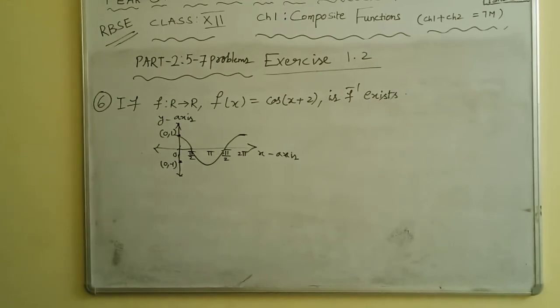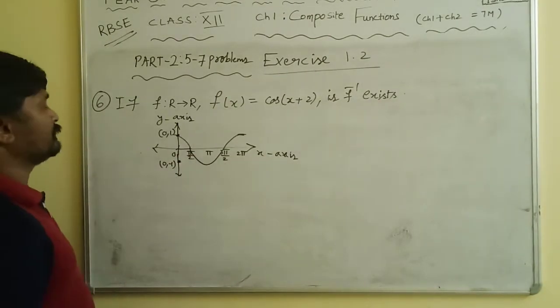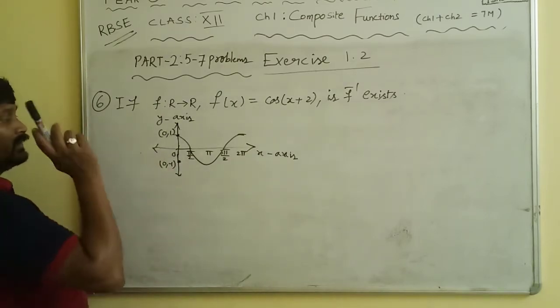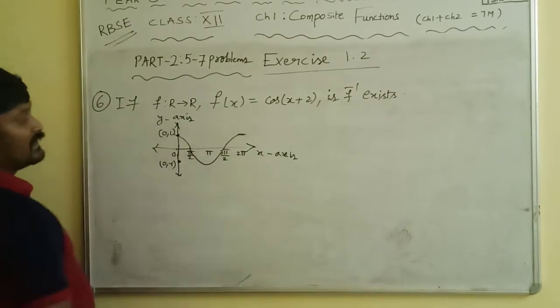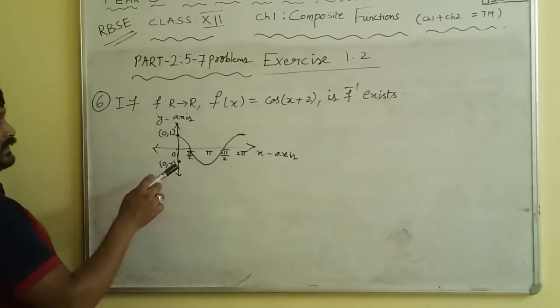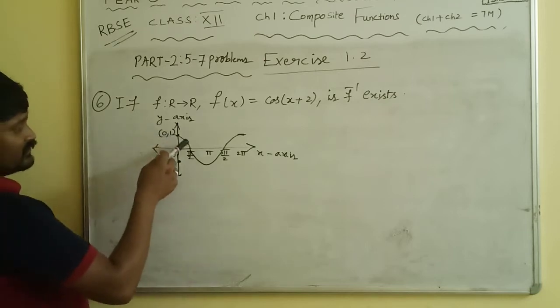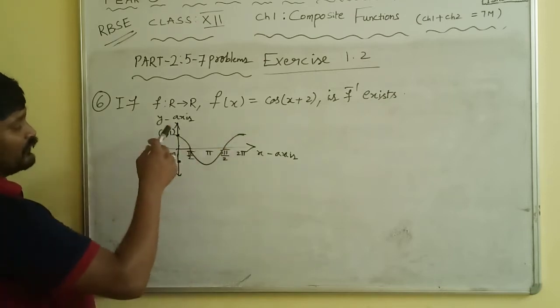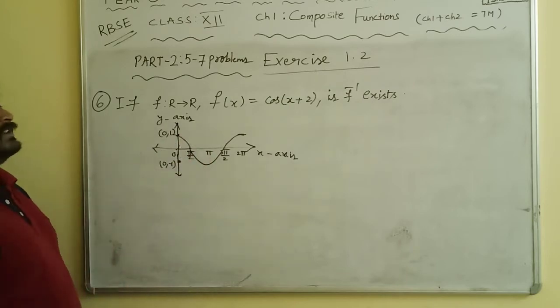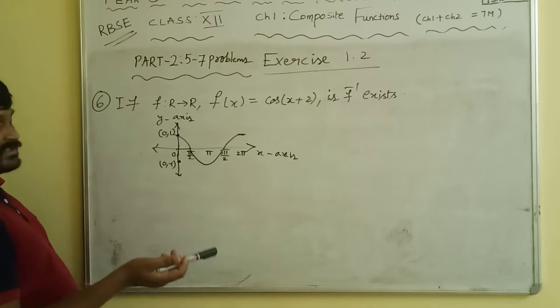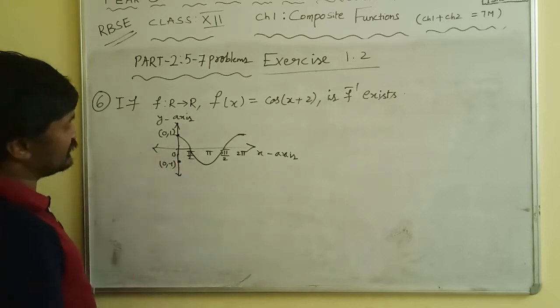Alright, this is about your cos wave. So you already know that cos 0 is 1, cos 2 pi is 1, and cos pi is minus 1. So I draw one diagram here. From this itself you can understand that such a cos function cannot be one to one. The reason behind that, just concentrate here in this place.